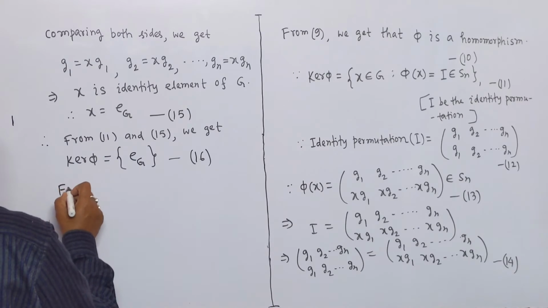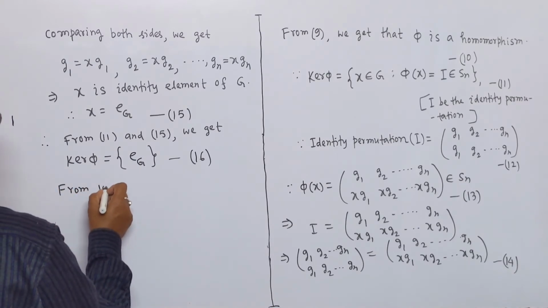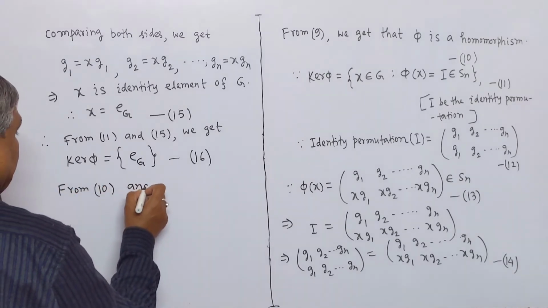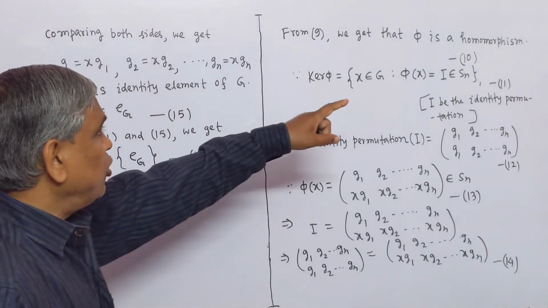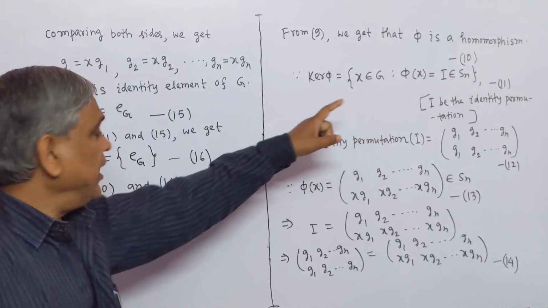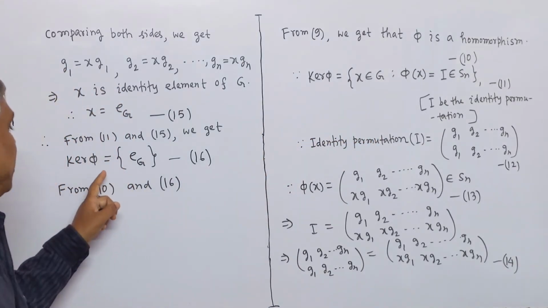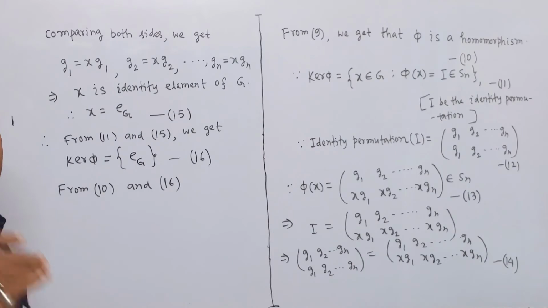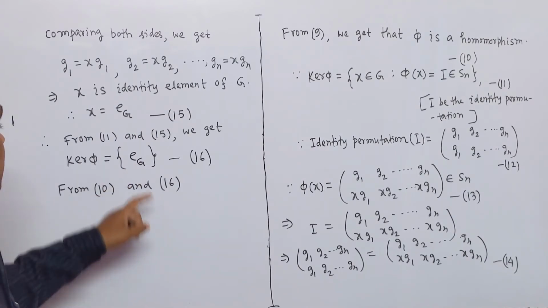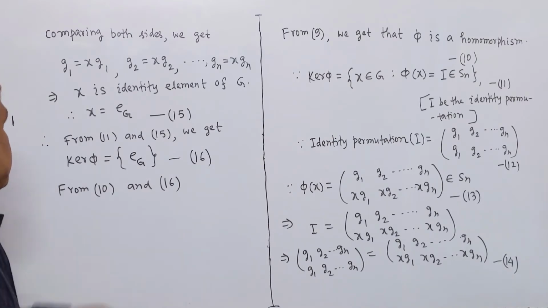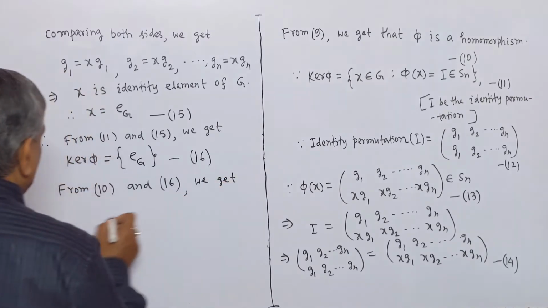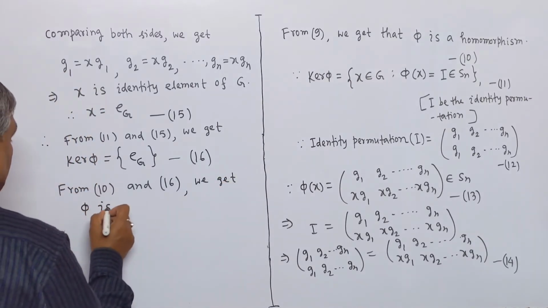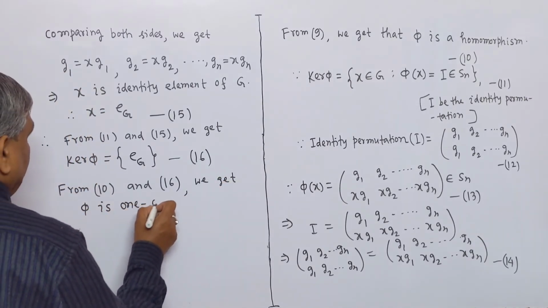From 10 and 16: in 10, phi is a homomorphism, and in 16, kernel of phi contains only a single element, the identity element of group G. Therefore, from 10 and 16, we get phi is a 1-1 mapping.